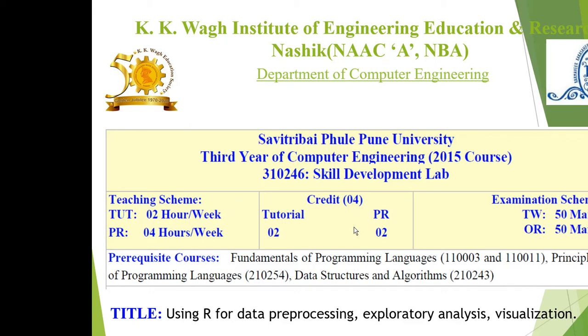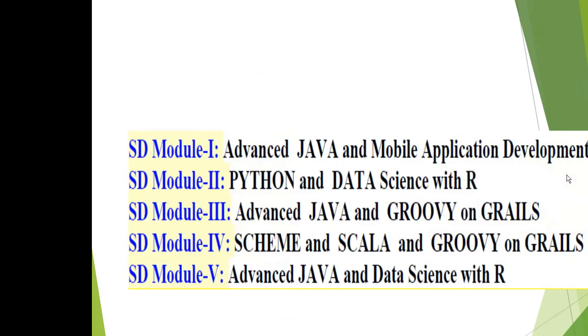Today we will be discussing about the practical assignment with the title using R for data pre-processing, exploratory analysis and visualization. So before going into the assignment, let me tell you that the university syllabus has given 5 different modules, out of which we have to select one. So we have selected Python and data science with our module, that is module 2.